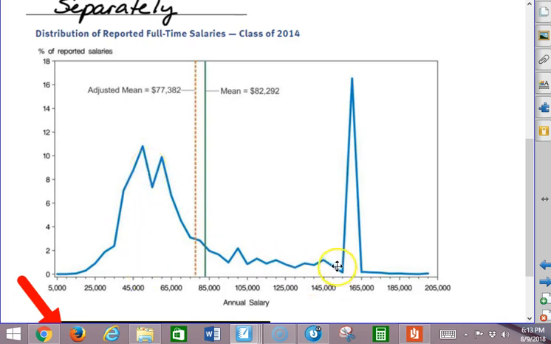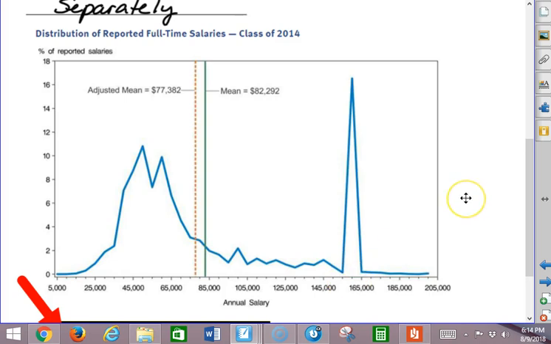Then there was one extremely large group that made about $160,000 a year, and not a whole lot in between. There were a few more high, so we can say this graph is kind of skewed to the right, but there's this unusual peak here.